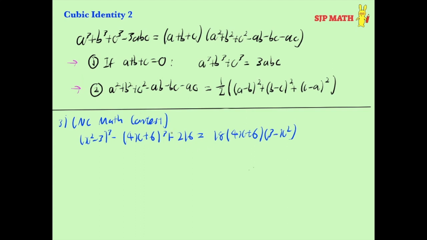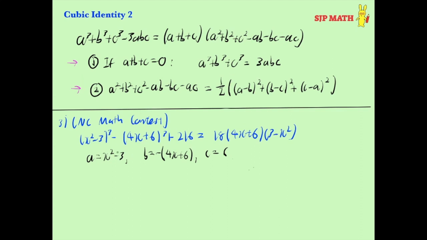So, yeah. So again, we can clearly see that if we let a equal to this, so let's just write that down to make it easier. Let's say a is equal to x squared minus 3, and b is equal to negative 4x plus 6, and c is equal to 6, then we see that this is exactly in the form of this.